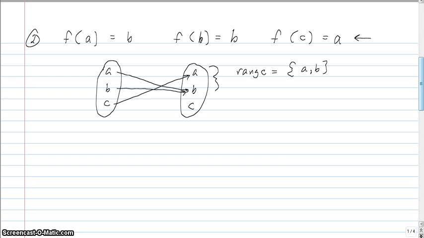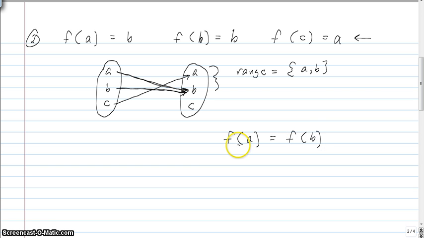This function is not one-to-one because I've got two different x values pointing to the same y value. If we want to verify that a function is not one-to-one, all we have to do is find two y values that are the same.